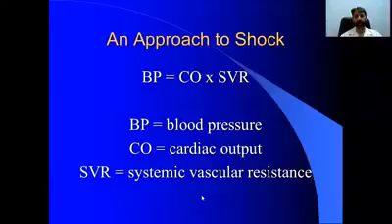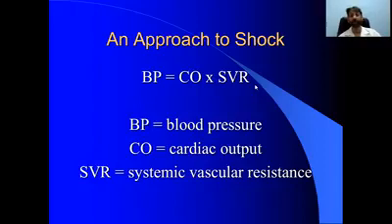As we described, blood pressure is a combination of cardiac output and systemic vascular resistance. And whenever you are trying to assess a patient with low blood pressure, you have to look for these things. First, you have to look for the status of systemic vascular resistance.